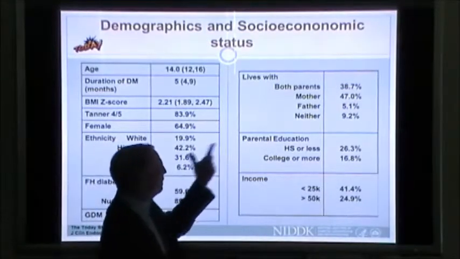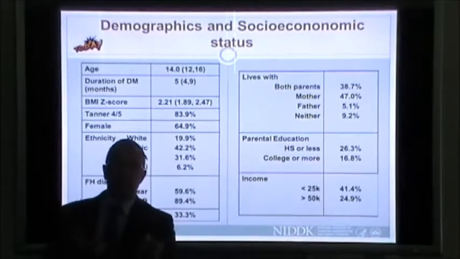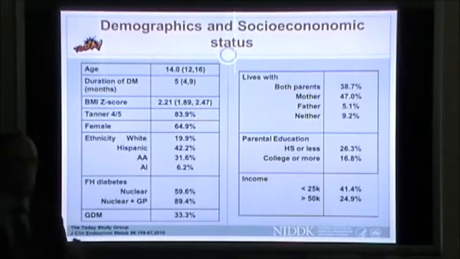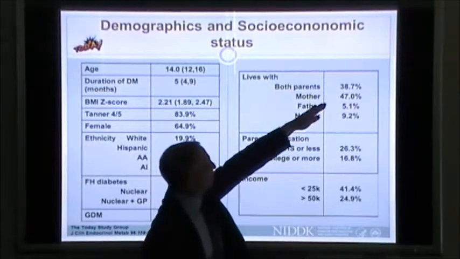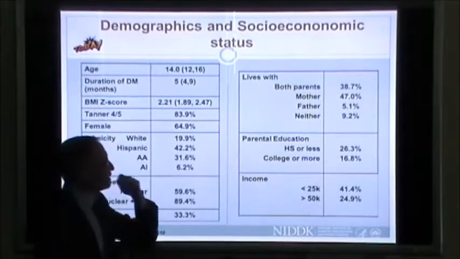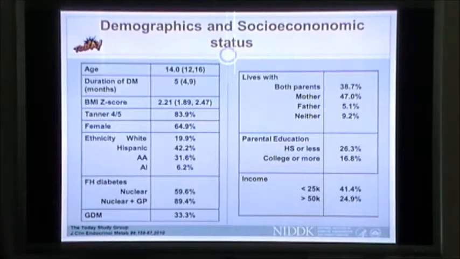Now, as we said, we expected that these kids were going to be socially and economically challenged. We didn't quite expect them to be as bad as it is. So 40% of the kids lived with both parents. 50% of the kids lived with the mother only. And 10% of these kids were living with neither biological parent. Parental education was low.